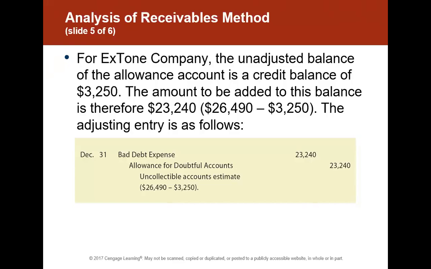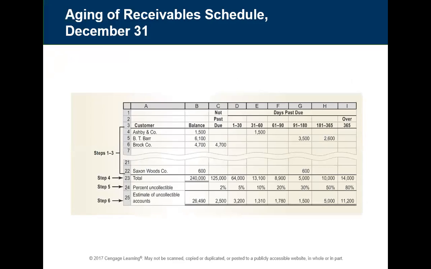Oh, so that 3,250, is that at the end of this year? Yes, that's the balance in allowance for doubtful accounts before we do that adjustment. So that 26,490 was what we calculated in this; that is always your estimated percent of receivables.